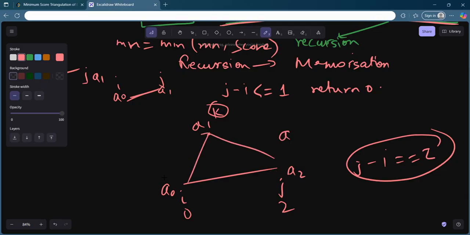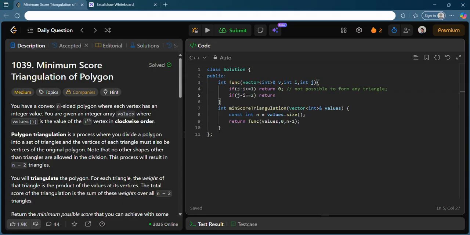So what you can do is simply return the value for this. This was ai, this I can call ai+1, and you can call it aj. So you can simply return ai+1 into aj. What will you return in this case?